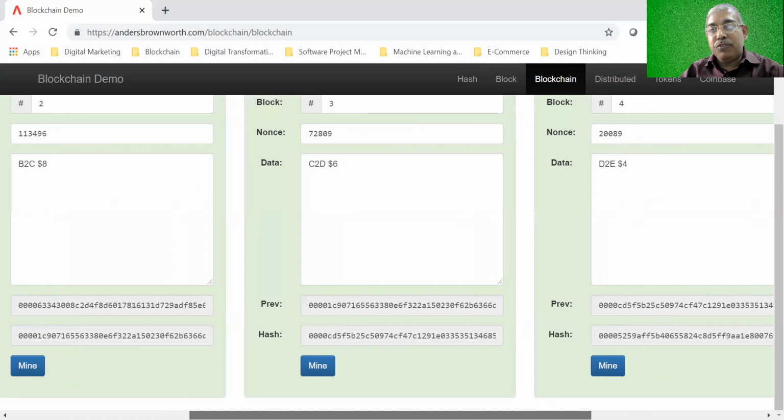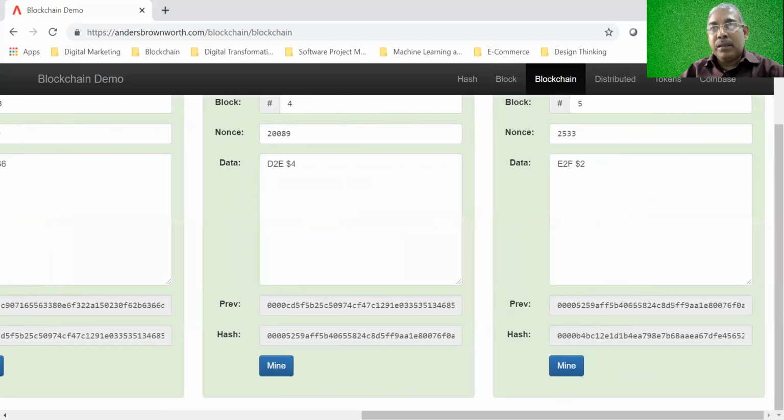What is also interesting to note is that if you change the value of any block, let's say D later on decides, maybe with a malafide intention or by mistake, that he or she actually paid $6 to E instead of $4. Now see what happens.